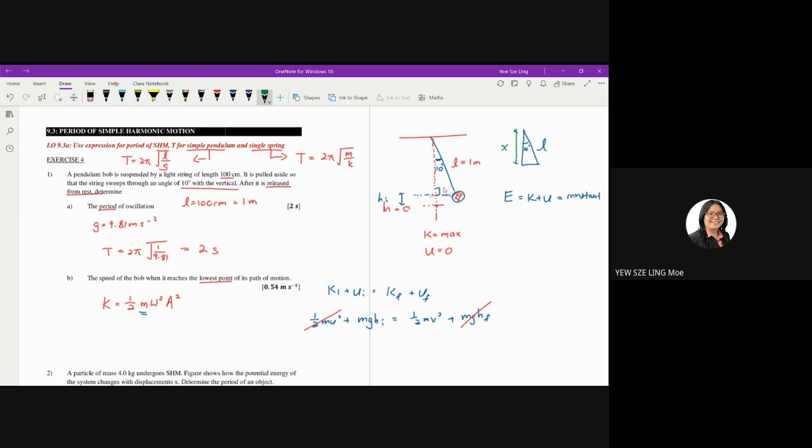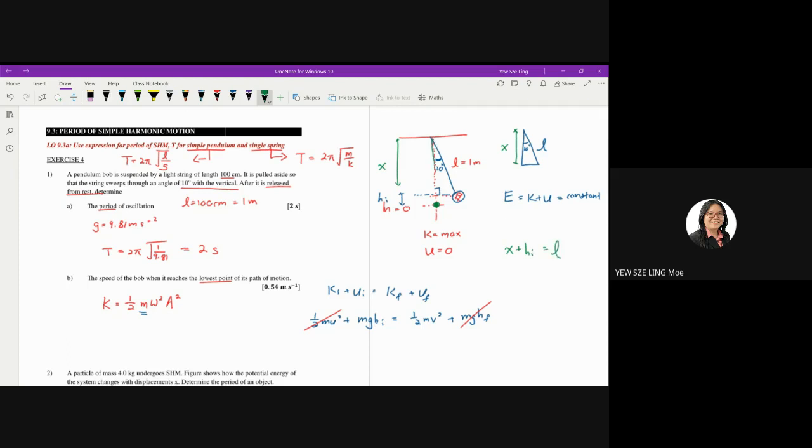If you look at this diagram, when your pendulum is located at the lowest position, it means L is equal to X plus h initial. At the lowest position, X plus h initial is equal to the length of the pendulum.